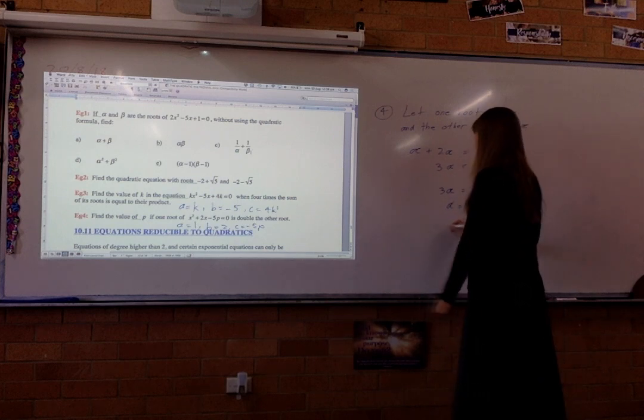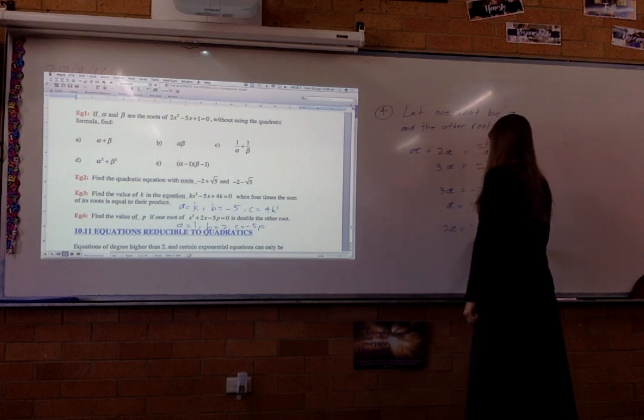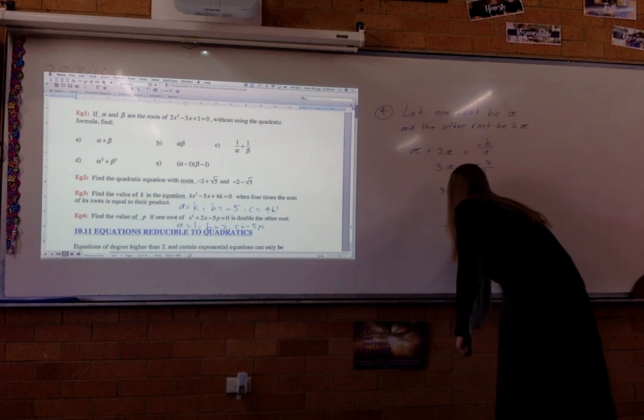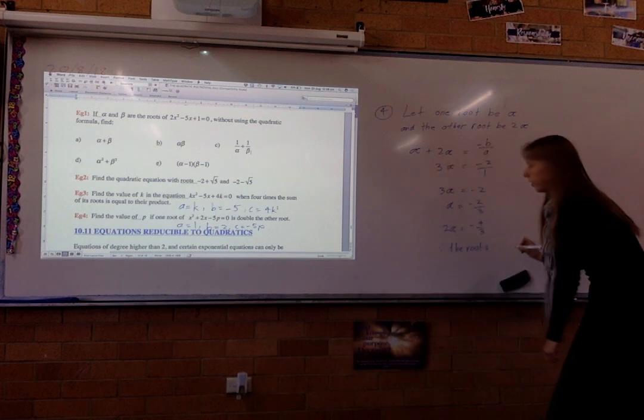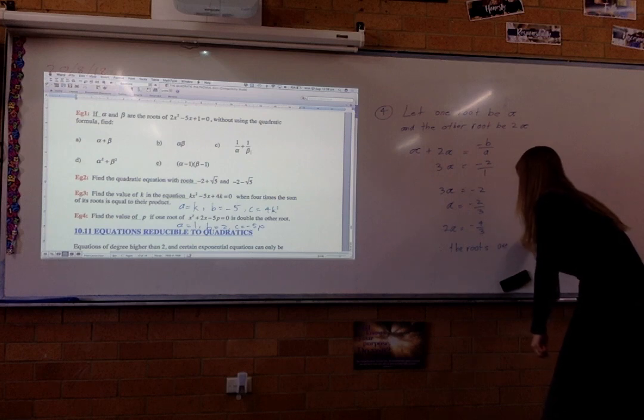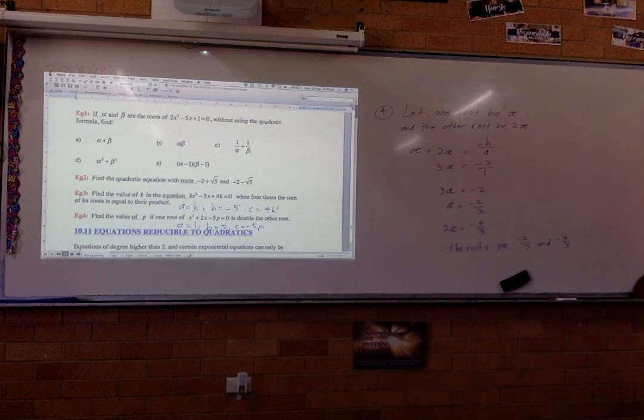So, what's 1 alpha? Minus 2 on 3, and therefore 2 alpha is double that. So then the other root is going to be negative 4 on 3. Therefore, the roots are minus 2 on 3 and negative 4 on 3. So you've got the two roots.